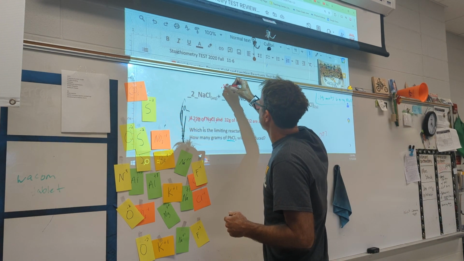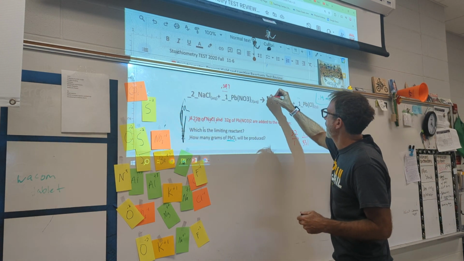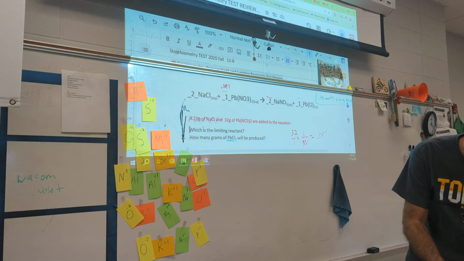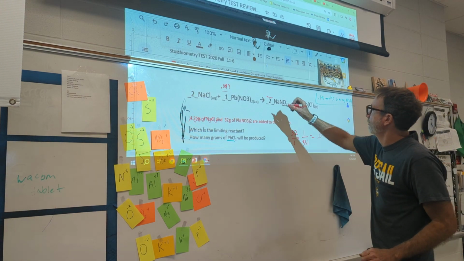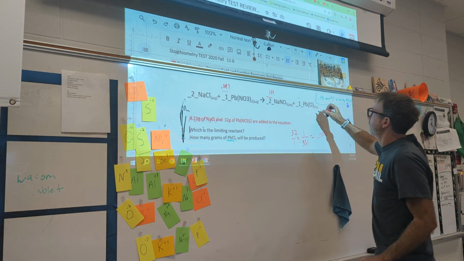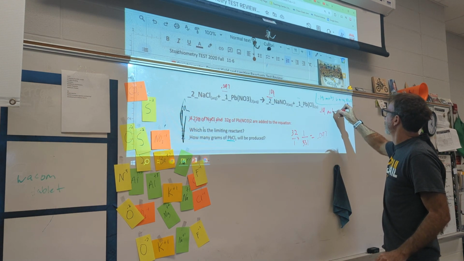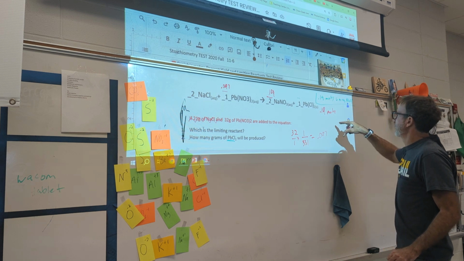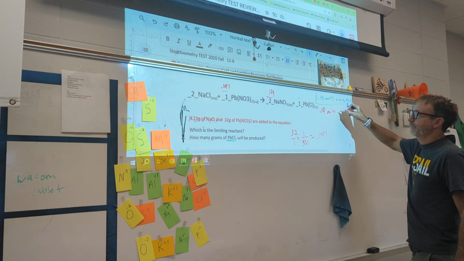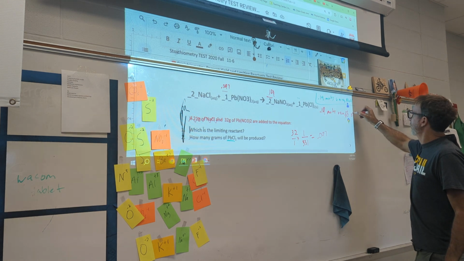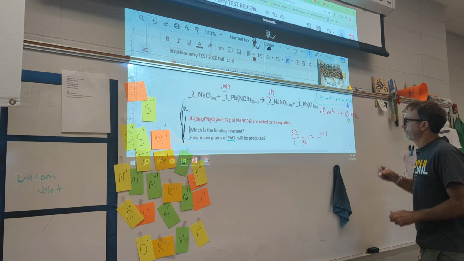0.097 moles is to 1 as x is to 2. So we got double that. I'll hit times 2. So it would make 0.19. So 0.19 moles, that's terrible handwriting, using Pb(NO3)2.